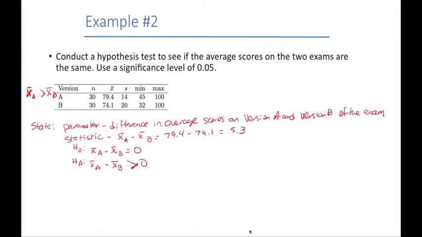Right, we're testing if the difference is positive as our alternative if we're doing this as a one-tailed test. And then our alpha equals 0.05. This is a 2-sample t-test for mu A minus mu B.